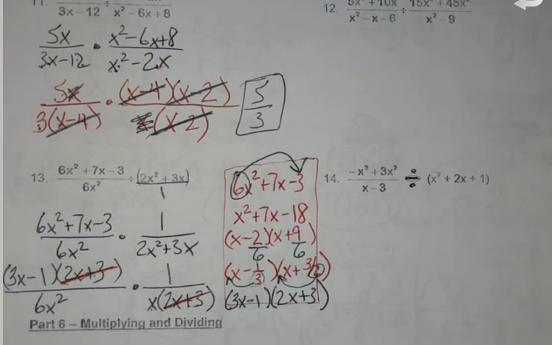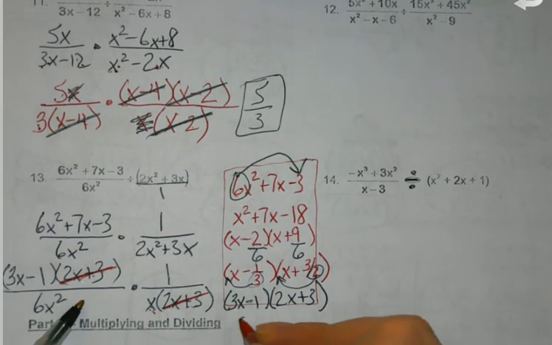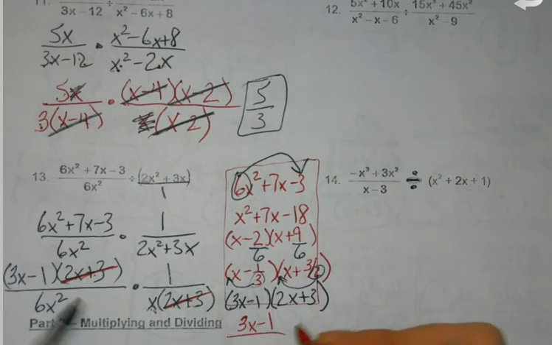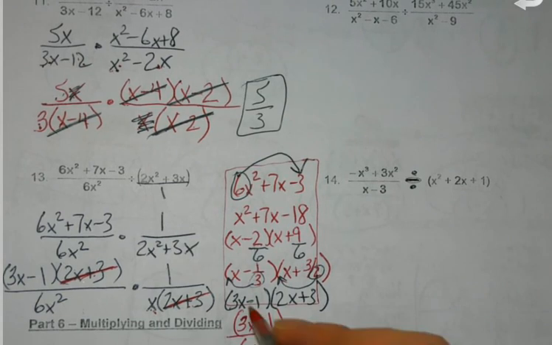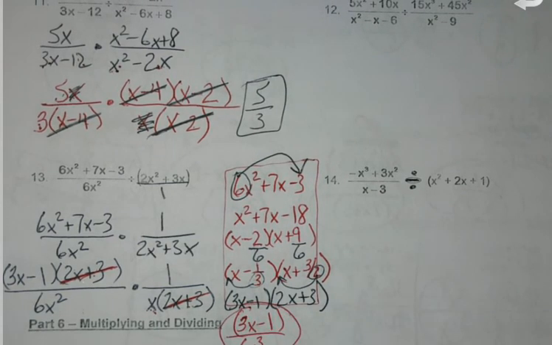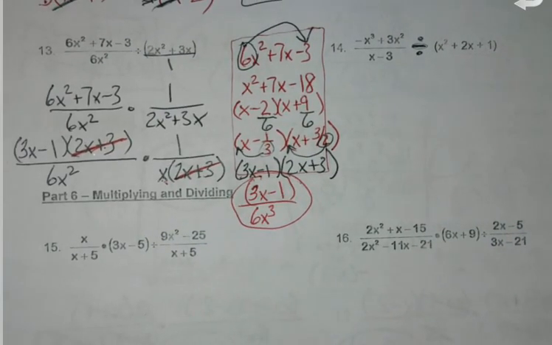You cannot cancel side to side. I can't cancel this x with this x squared. So we're going to combine. We're going to multiply here, which ends up being 6x to the third. And that's as far as I can go. So cross canceling's okay, top to bottom's okay, not side to side.